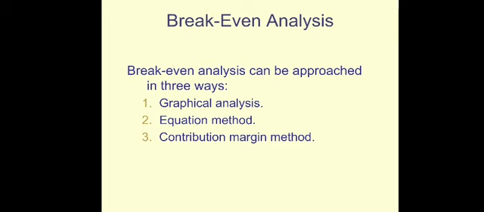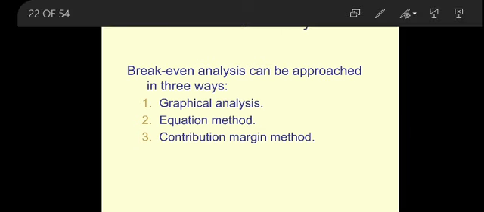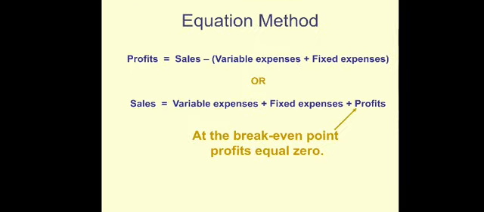So the second method that you can use to calculate the break-even point is called the equation method. And the third one is the contribution margin method. So we see how to use the equation method to calculate the break-even point. When you want to use the equation method, you have to use this basic formula.